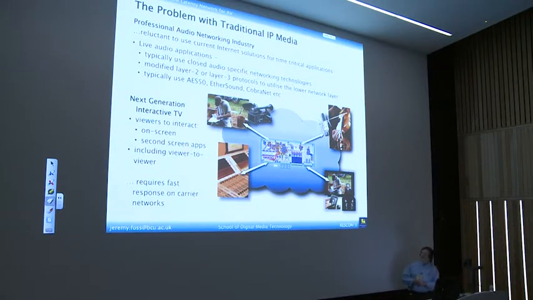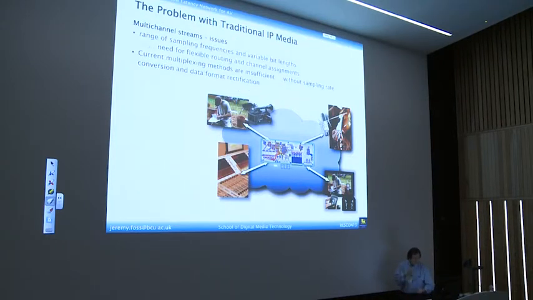Another interest of mine is interactive TV, and if we're going to have any meaningful experience where we're interacting with something that's happening on the TV with other users at the other end of a link, then again this is an example of where we need this low latency, particularly if we're having viewer-to-viewer interaction. So we require this fast response on these carrier networks.